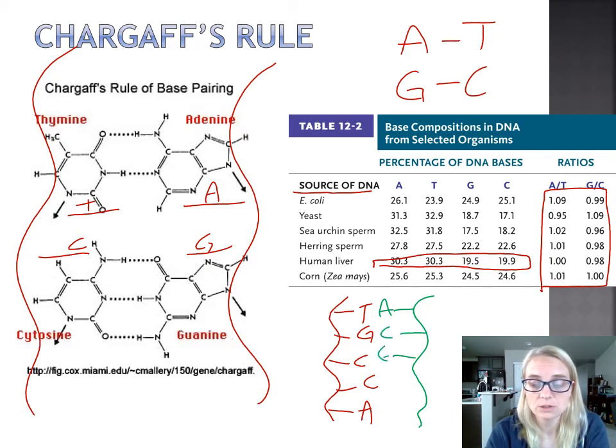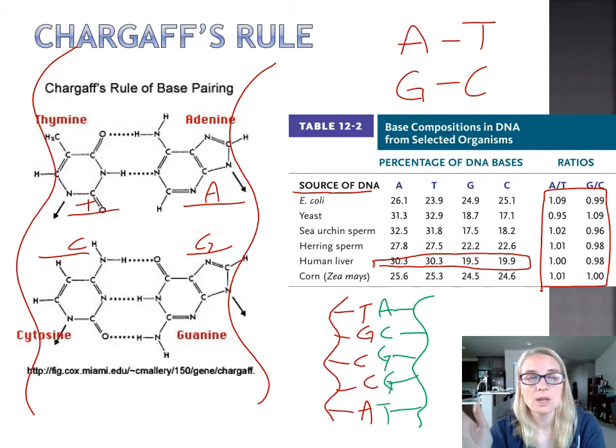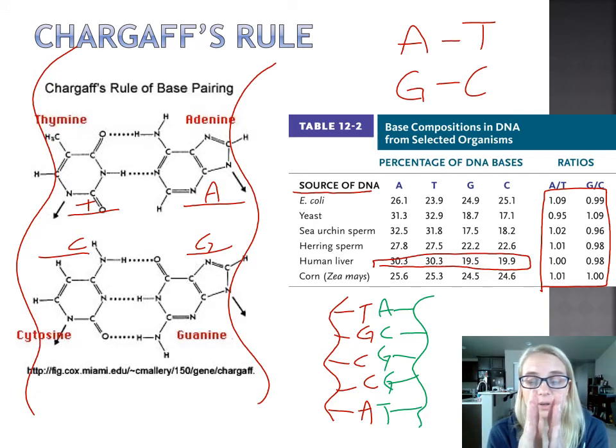C, G, G, T. So what that leads us into is, when we get ready to replicate the DNA, all we have to do is separate each half and then copy each of those halves, and we can get identical strands of DNA. That's exactly what happens, with some more complex terminology and processes, but that's really the basics of it.